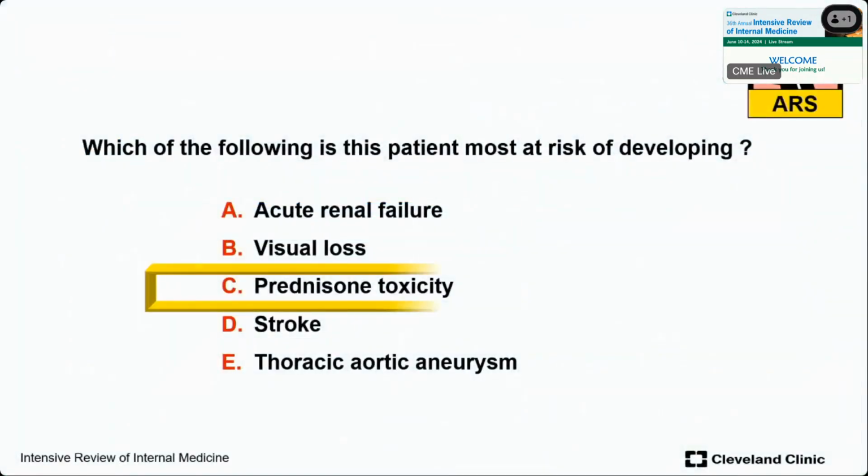And the answer I was looking for here is prednisone toxicity. Now, many of you may have selected B, vision loss, as you accurately felt that this patient had giant cell arteritis, in which the most concerning feature is that of permanent blindness. And while this occurs in 14% of patients, prednisone toxicity can occur in up to 86%.